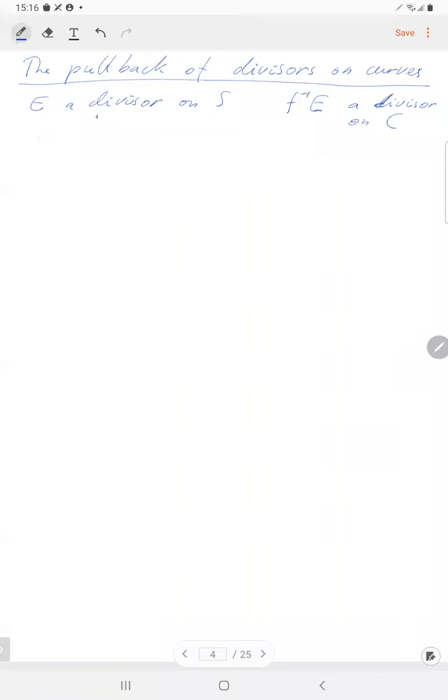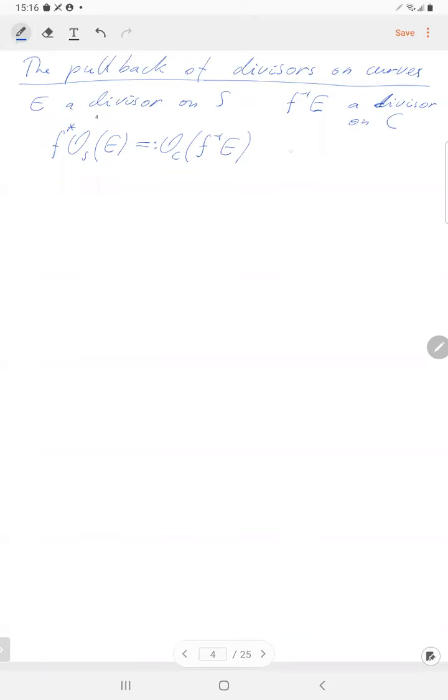We consider the corresponding line bundle, invertible sheaf, O_S of E, and then we take the pullback of this locally free sheaf on C. Any invertible sheaf on C is associated to a divisor, and so this is O_C of some divisor, and this divisor is our pullback by definition. It is the definition.